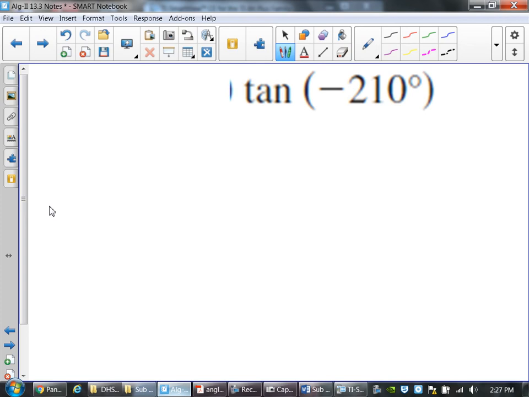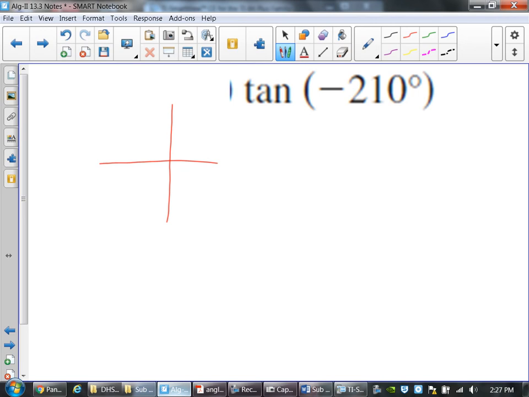Here's what we're going to do. We're going to take tangent of negative 210 and figure out what that is without using the calculator. First thing you have to do is get the reference angle. What direction am I going to go? This way. Then you're halfway done.